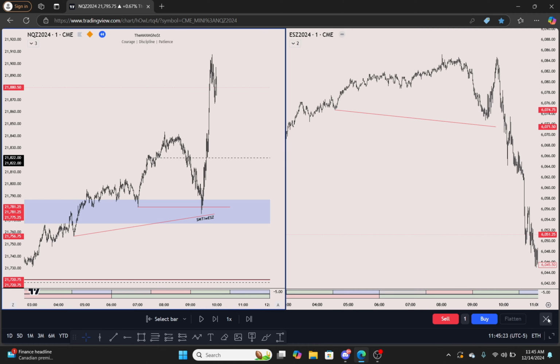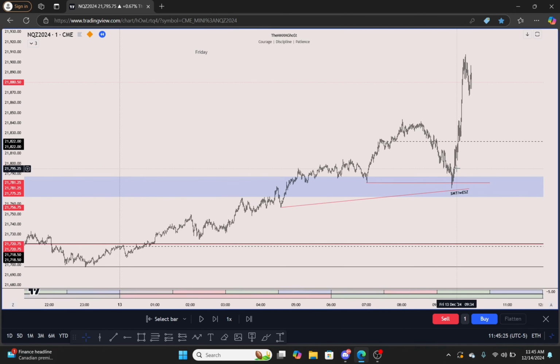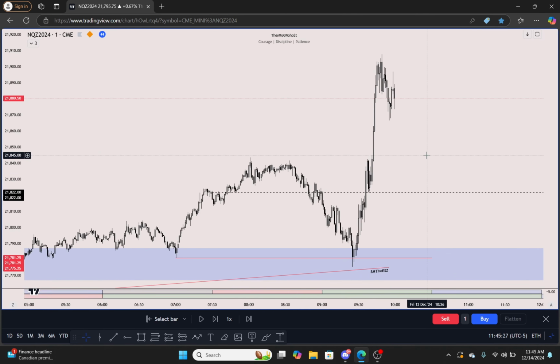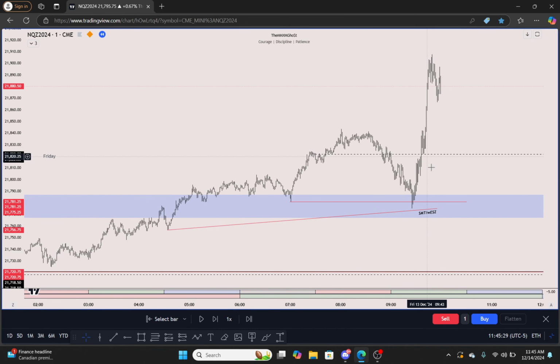Okay, moving back to NQ. Now that we've identified where our SMT is, notice what quarter the SMT lies in. Okay, right at the very end of distribution during London, we spot this SMT in the next distribution quarter.